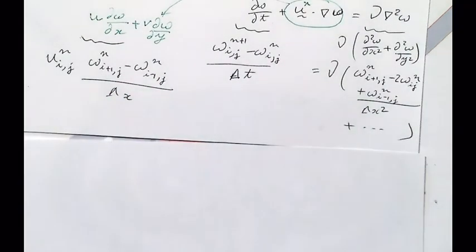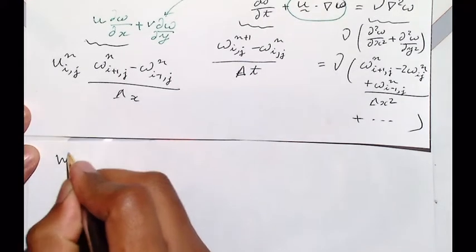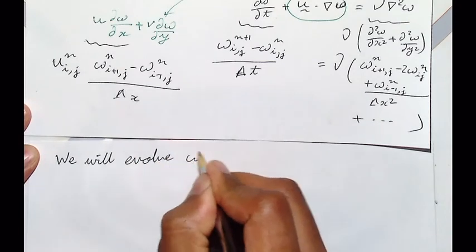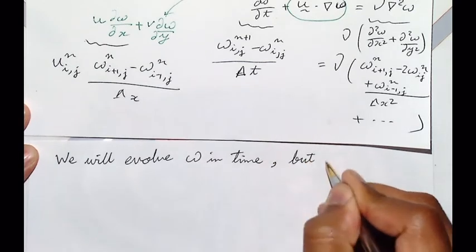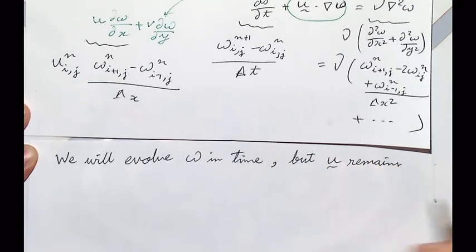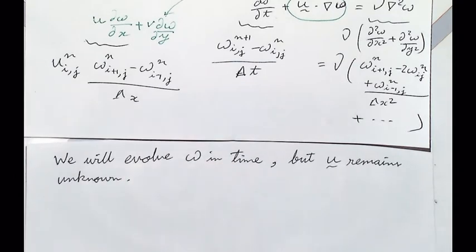So we will evolve omega in time, but u remains unknown. And you mentioned that you can assume u, but you cannot, because omega and u are correlated. Yeah, omega is dependent on u. You cannot have them independent.